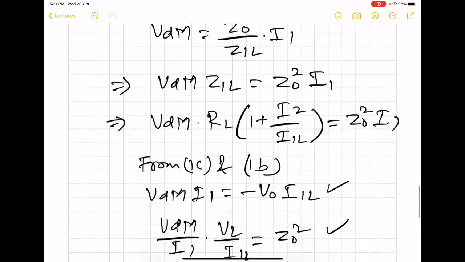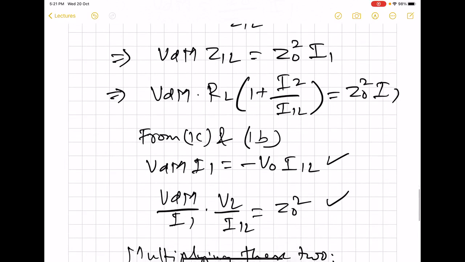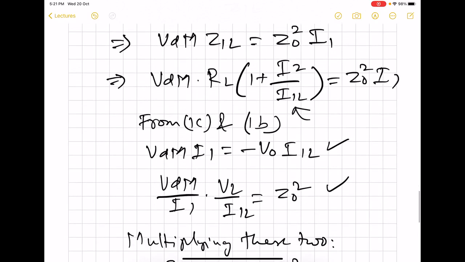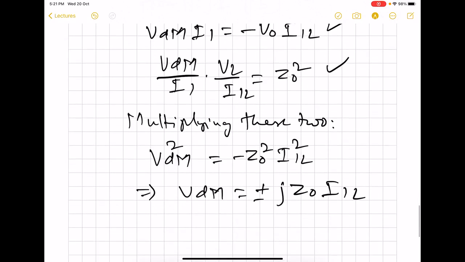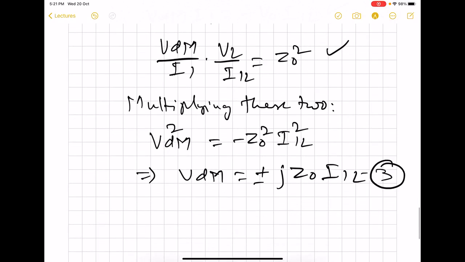So now we can go here and try to eliminate I1L. So this is equation 2 and 3.